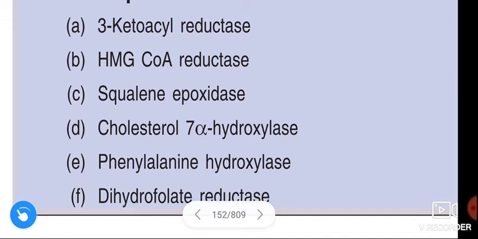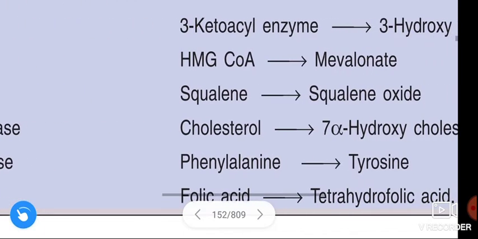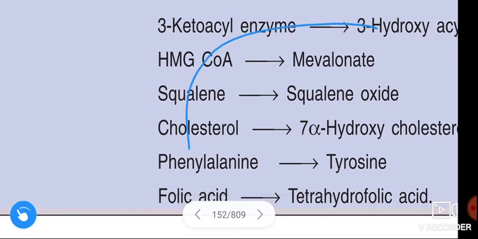Remember guys, we are talking about the NADPH dependent enzymes. Keep that in your mind and see the enzyme and the reaction. Squalene epoxidase, squalene to squalene oxide. All these reactions also depend on NADPH.